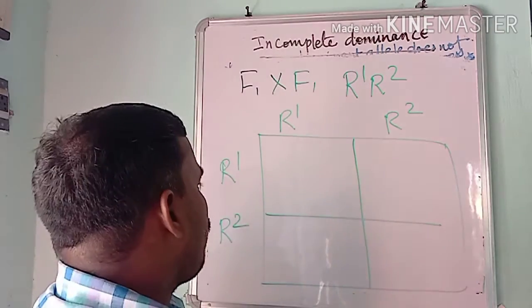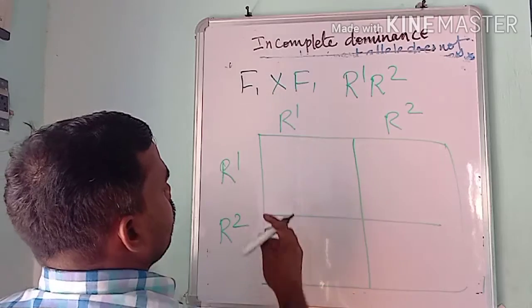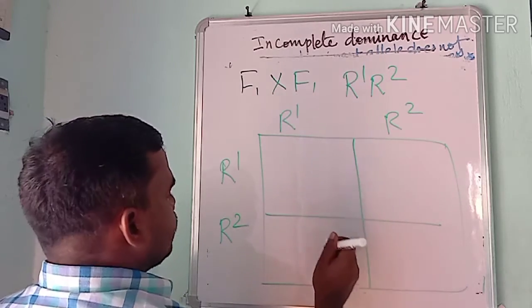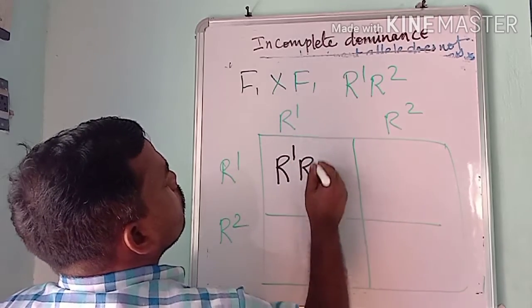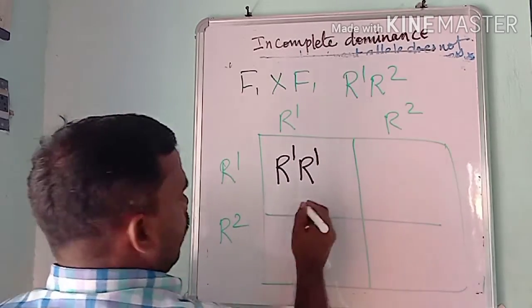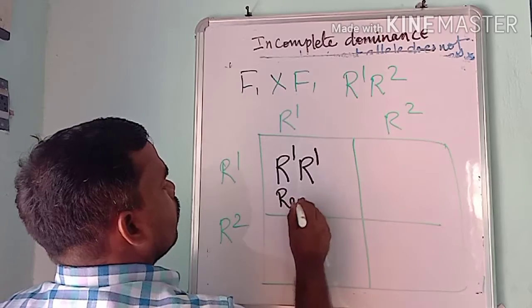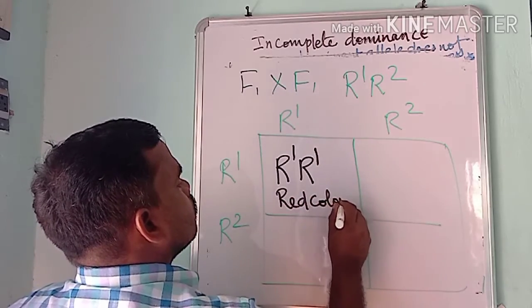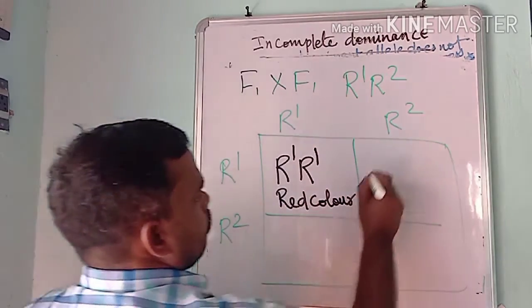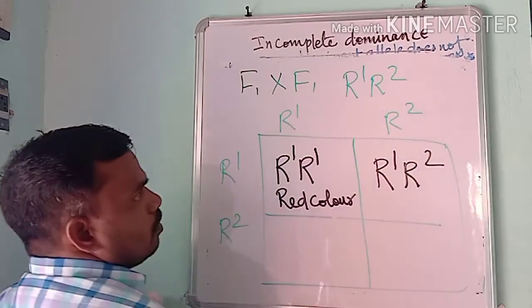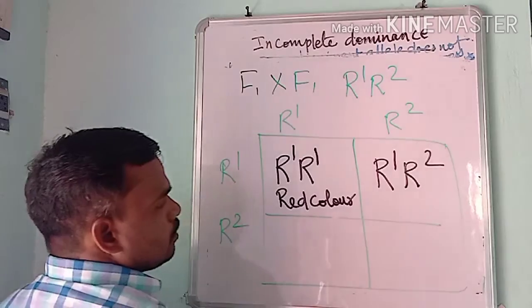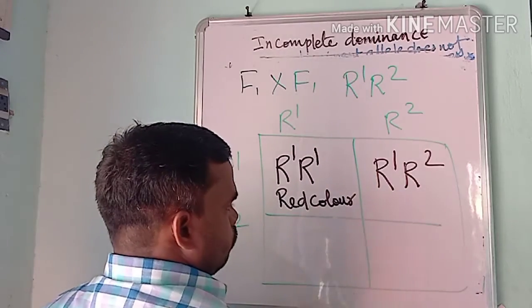And when the F1 is self-pollinated, we are able to get red flowers, pink flowers as well as white. This is a dominant allele, so it shows the red color. This follows the law of segregation: the alleles randomly reunite and form a new trait.